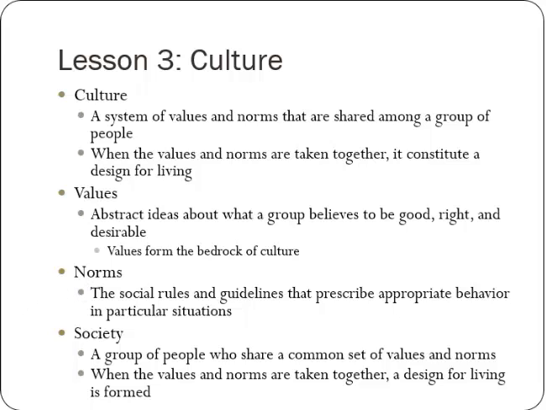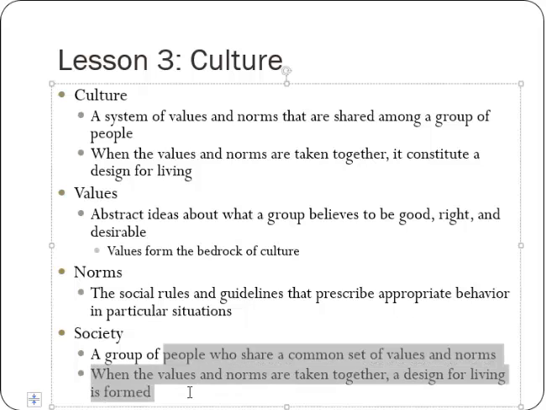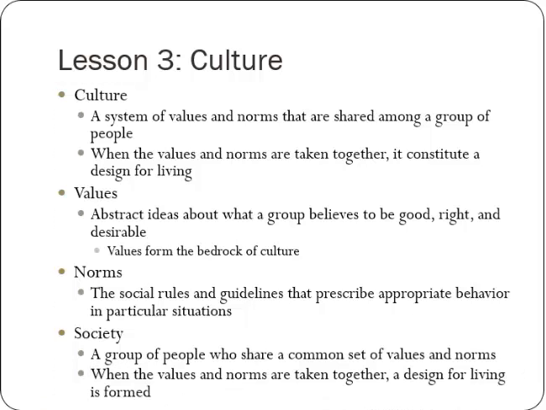A norm is a social rule or guideline that prescribes appropriate behavior in particular situations, similar to a value, but a value is more like a moral judgment. A norm is what people generally believe in a society, in a group, and a society is a group of people that share a common set of values and norms. Doesn't mean everybody believes in them to the same extent, but most people believe in certain basic tenets in our society.